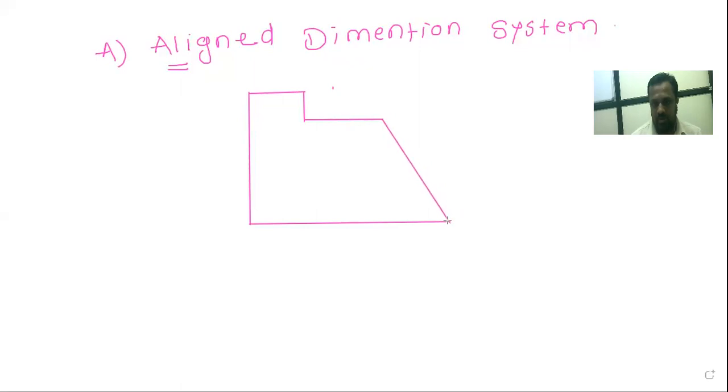Okay, suppose we are having this type of triangle. Okay, and now we have to show its dimensions. Then how can we show the dimension? See here, simple.